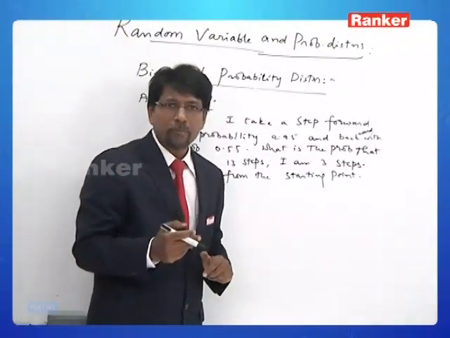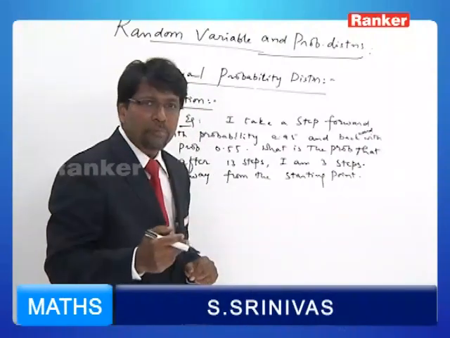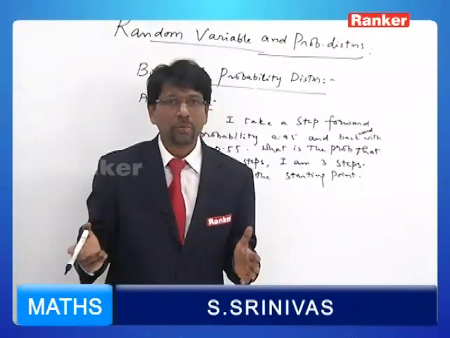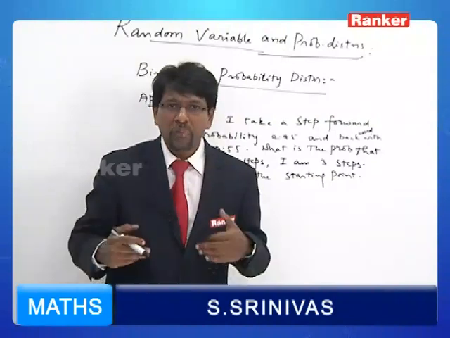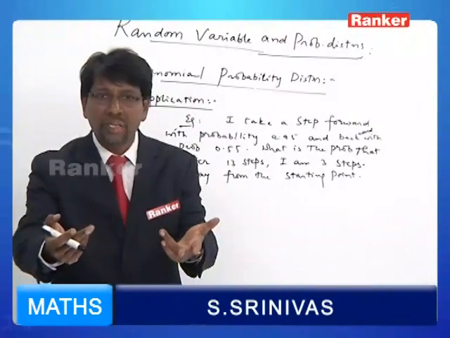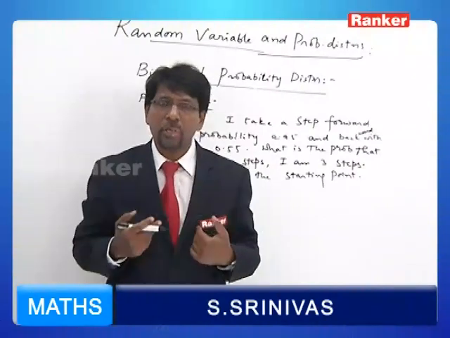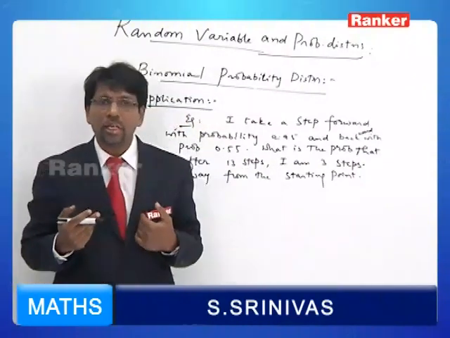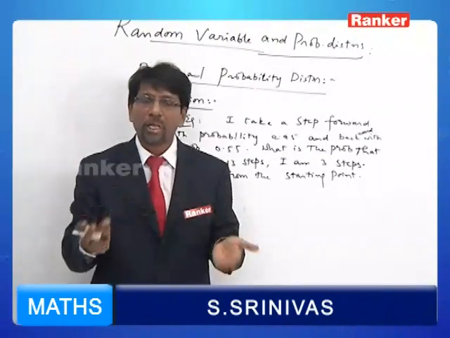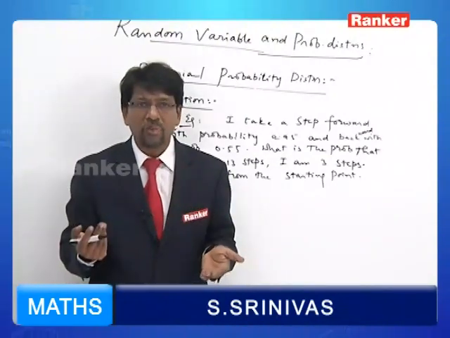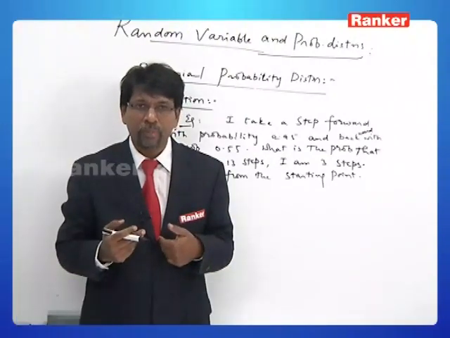For example, I am standing in front of you here. So if I move 2 steps forward and then 3 steps backward, effectively I'm 1 step away from the starting point.